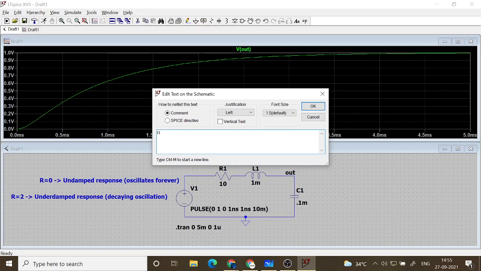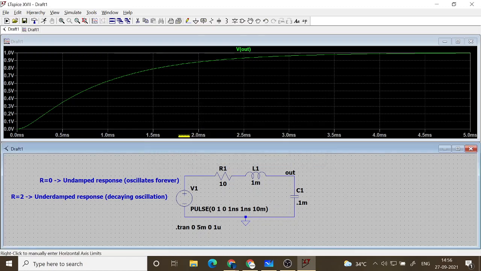In this case R equal to 10, here we have overdamped response. So overdamped response, we have no oscillation. So these are the three cases which I have shown you.